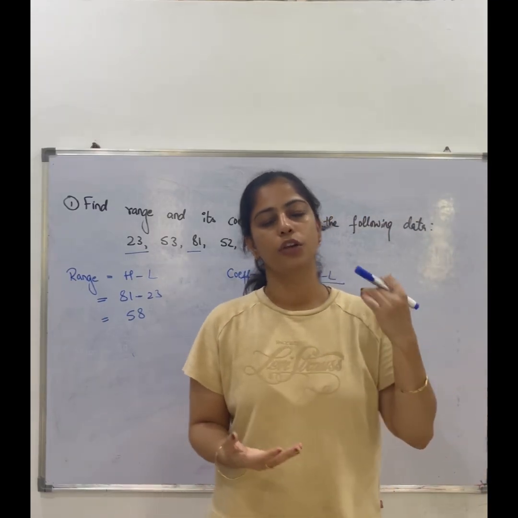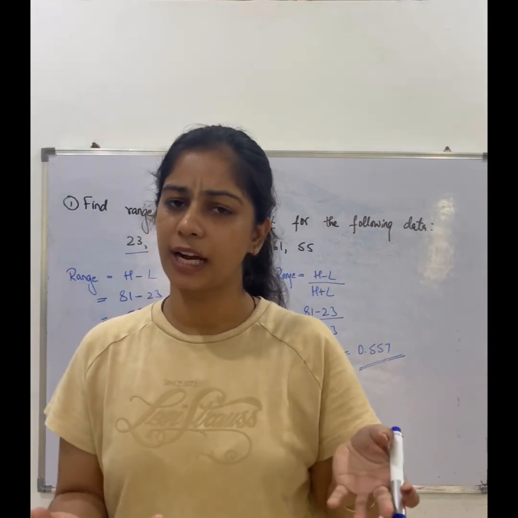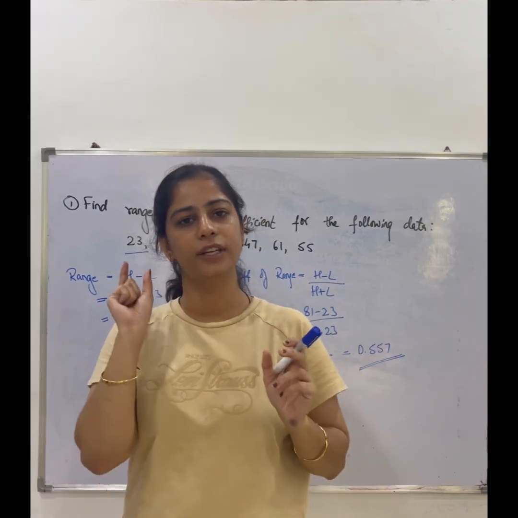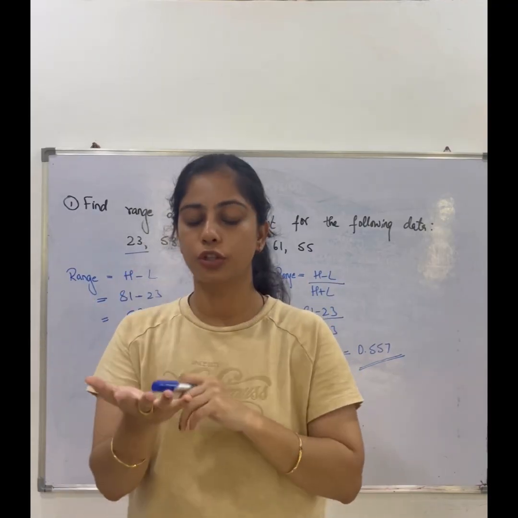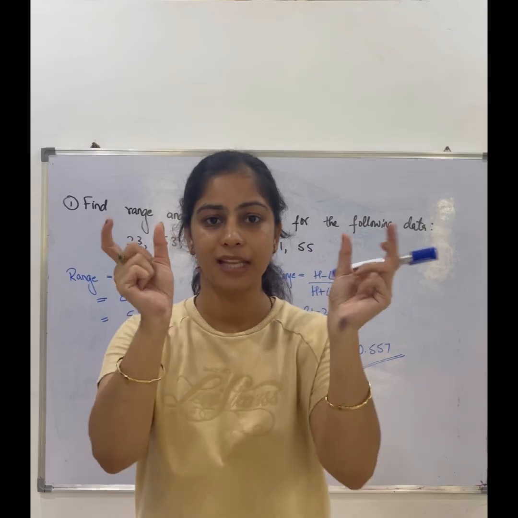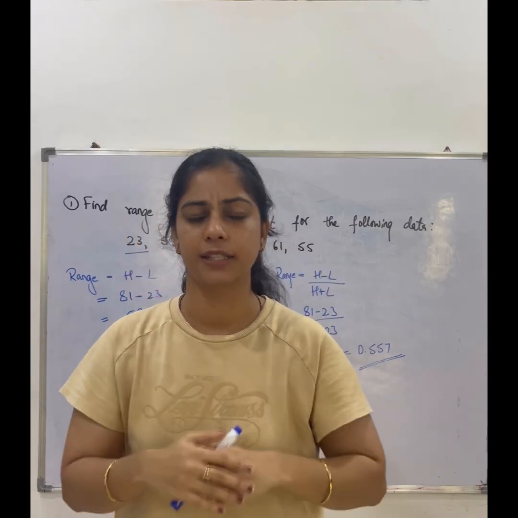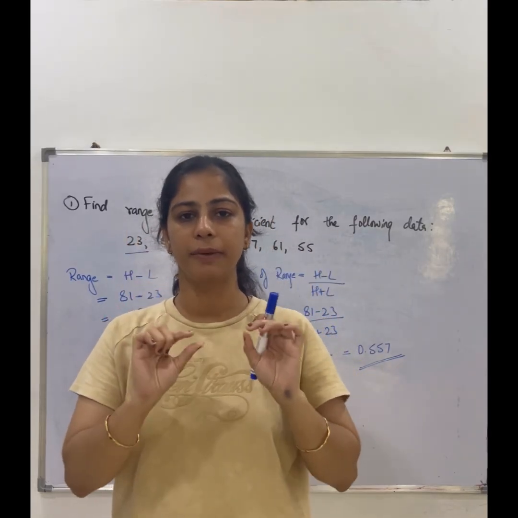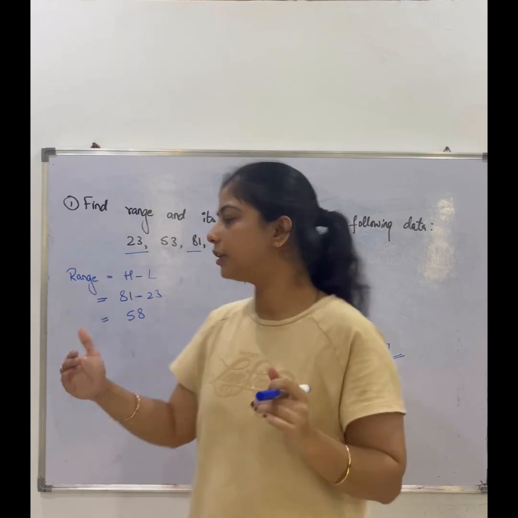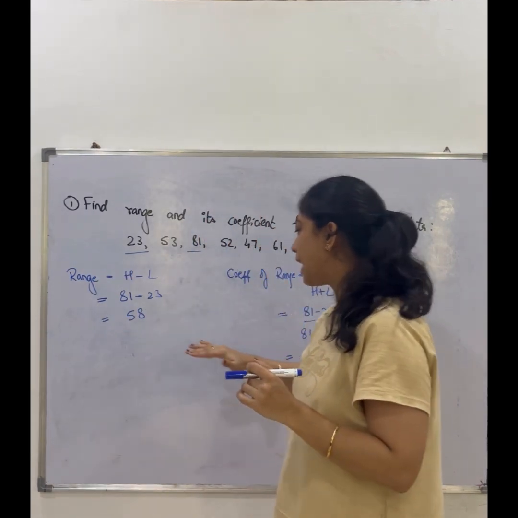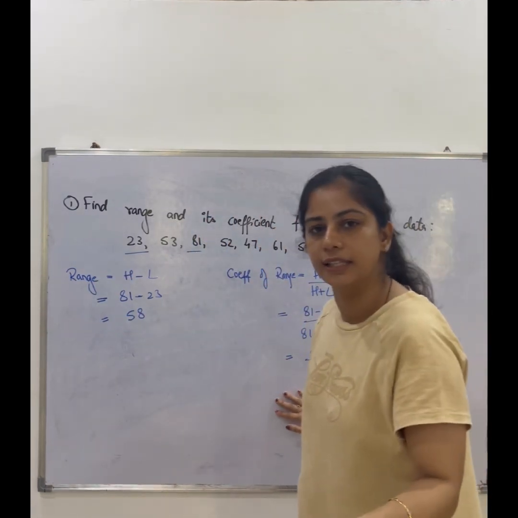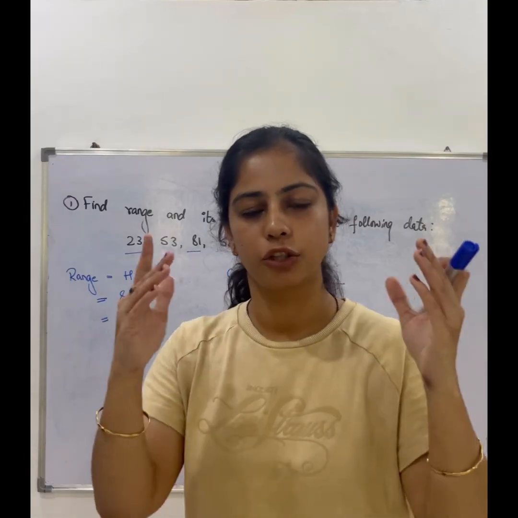This is how you need to understand the question first: what are they asking you? In this case, they asked only for range and coefficient of range, so you simply apply that formula, substitute the values and get your answer. It's very good to mention the conclusion, that the range for the following data is this and the coefficient of range for the data is this. It will give a proper ending to that question.